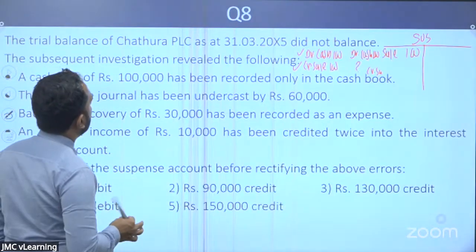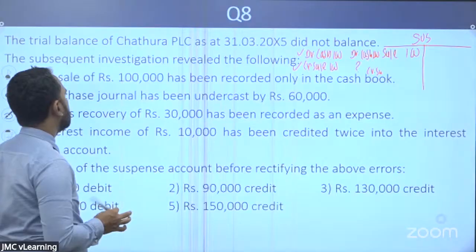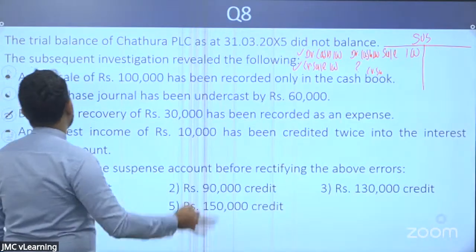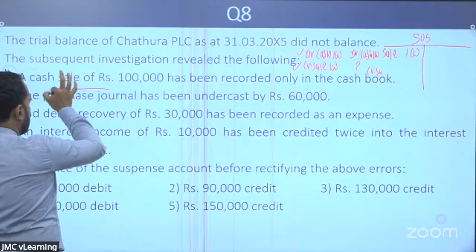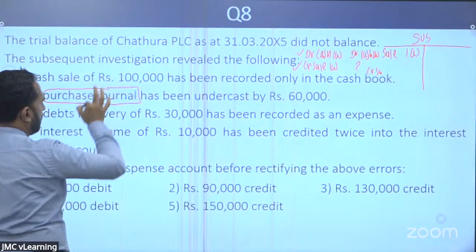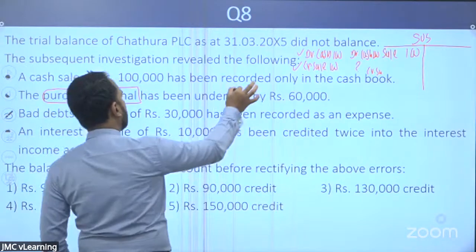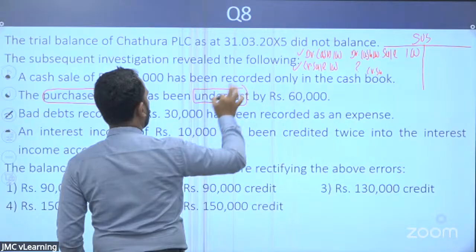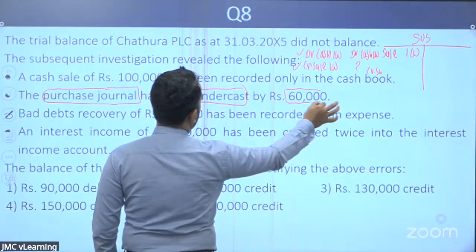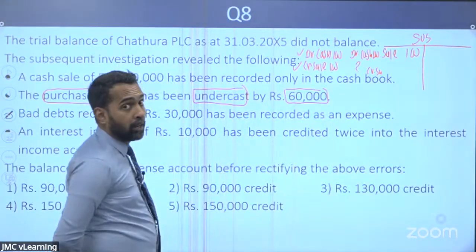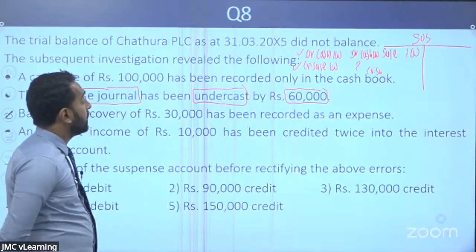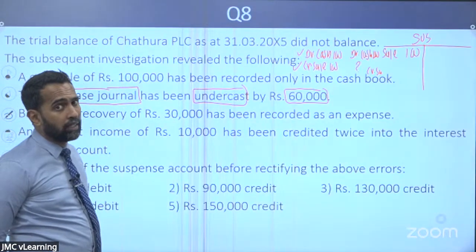The purchase journal has been undercast by 60. Now, the question clearly says the purchase journal has been undercast. Undercast means you have totaled it lower by 60. So the purchase journal has been undercast by 60.